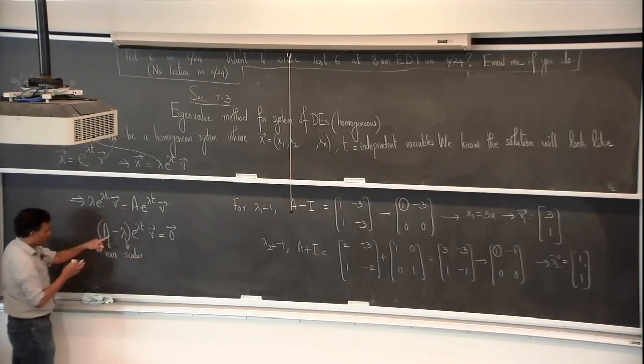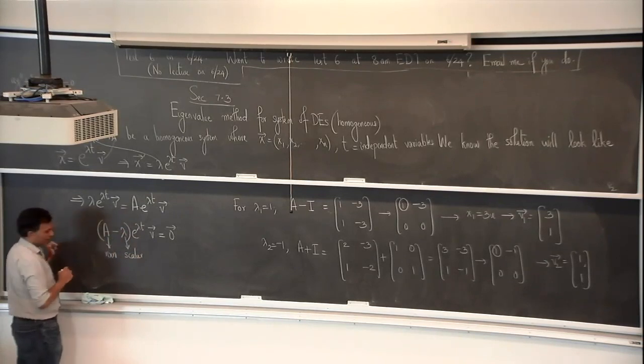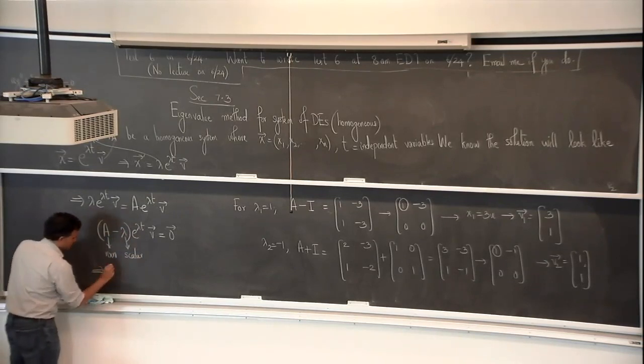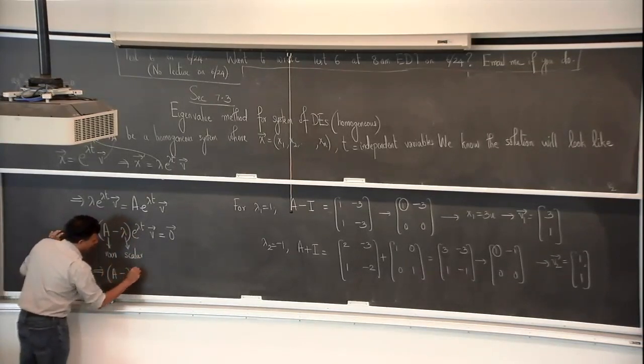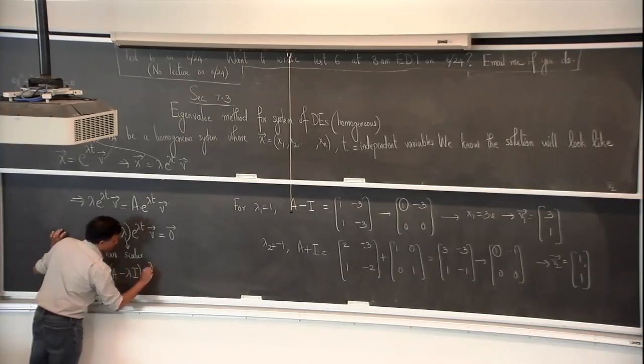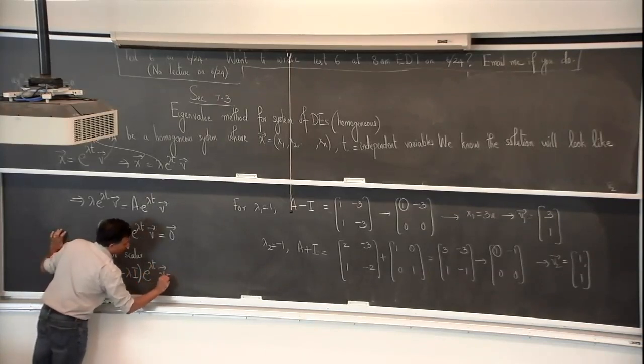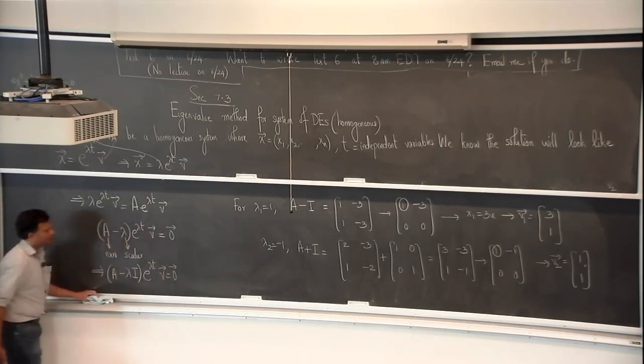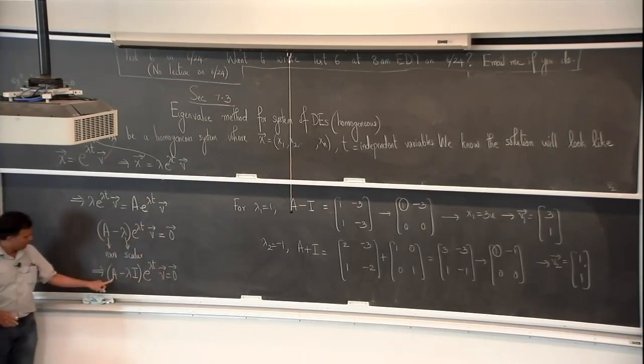So if you want to make this operation possible, you need to squeeze in the n by n identity matrix there. So that's A minus lambda I times e to the power of lambda t times v equal to 0, just so that you have an n by n matrix here and here.